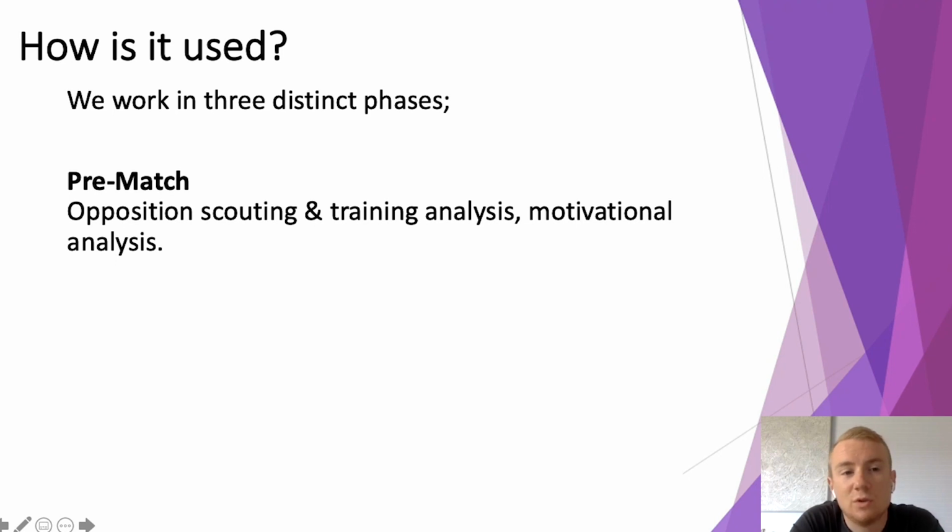One of the key things we'll do is opposition scouting, and I'll show you an example of that in just a second. But that will include us looking at some prior footage and statistics of the opposition we're about to face, and analysing certain variables that we think are going to be really important for us to be aware about. We'll put that into what we call a pre-match pack, and then we'll deliver that back to both coaches and players, so they've got all the information they could possibly need on the team they're about to play.